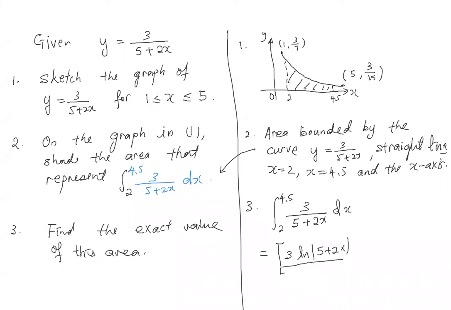Then you have to divide by 2, correct? For 2 to 4.5, you always have to substitute the top minus substitute the bottom. So I can put the 3/2 out. Then I substitute the top. If you don't want to calculate, you let your calculator calculate it. Take away ln of 5 plus 2 times 2.